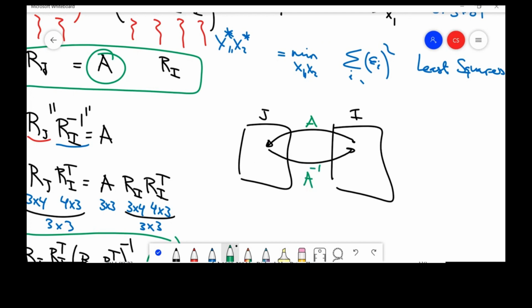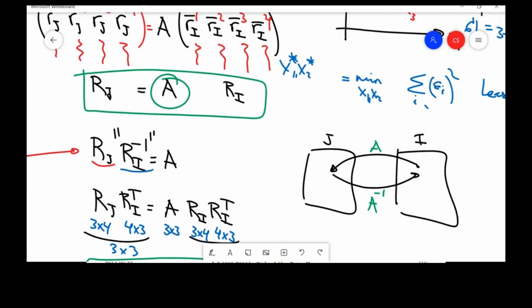That exists because this is 3 times 3. So it depends on which direction you want to go, and you have to specify clearly in which direction A is acting. Here it is clear that A acts on I colors and transforms I colors into J colors.